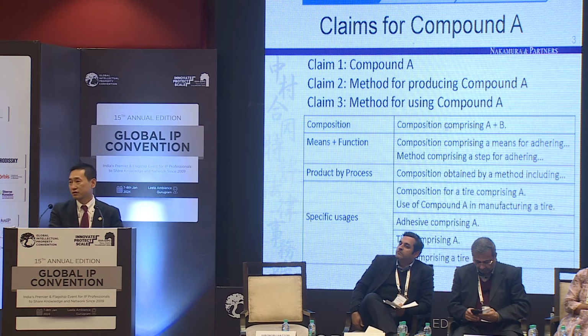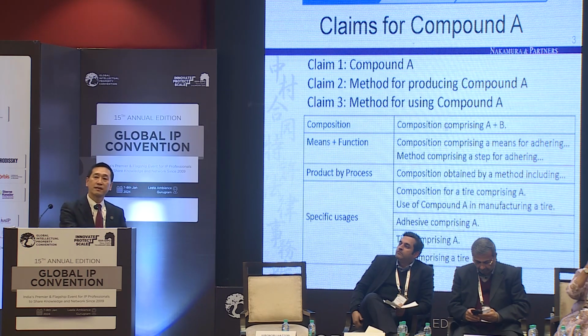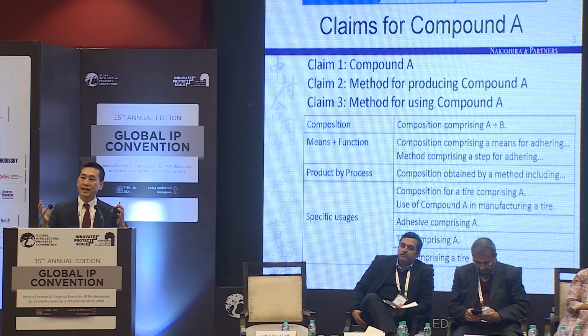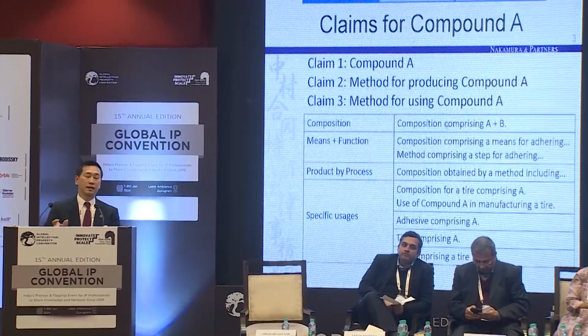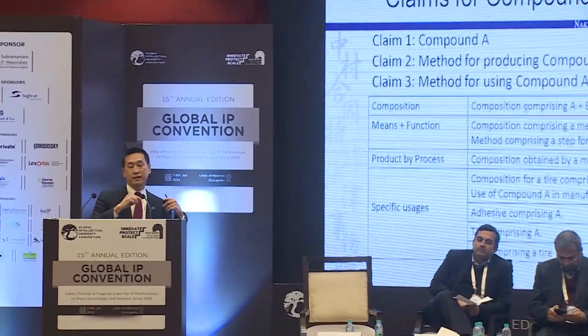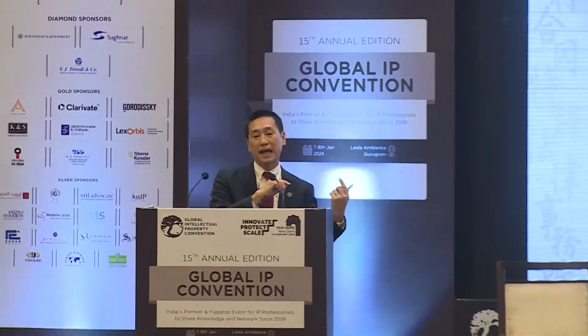Means plus function claims are sometimes used in the US, but the range of the protection is a little limited. But still, you should try to have those different angles of claims.